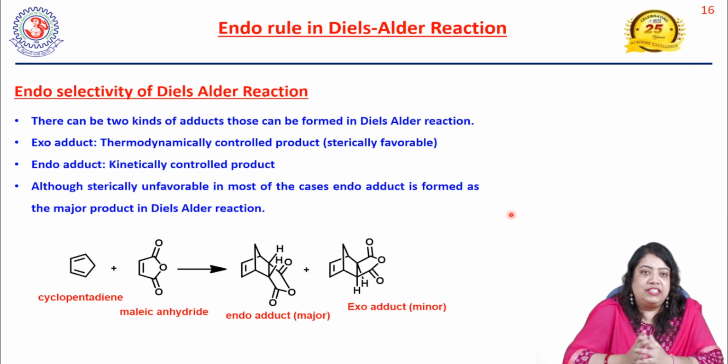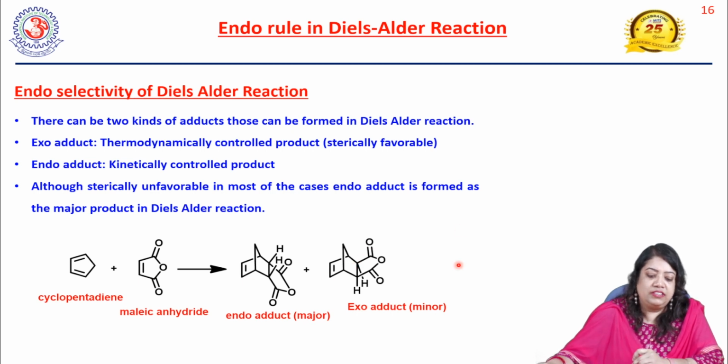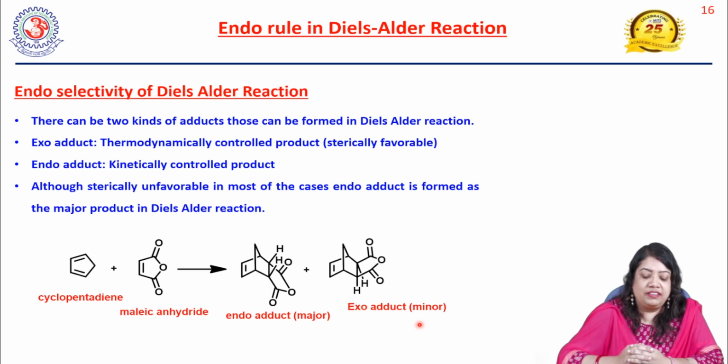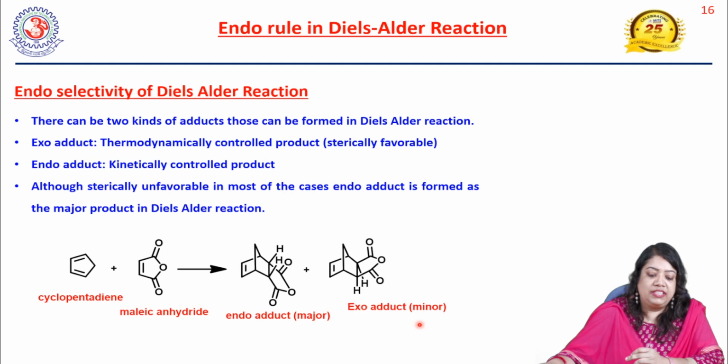Now, lastly, I will discuss the endo selectivity of the Diels-Alder reaction. In Diels-Alder reactions, there is the possibility of two product formations. One is the exo adduct, that is thermodynamically more stable, and one is the endo adduct, that is the kinetically controlled product.